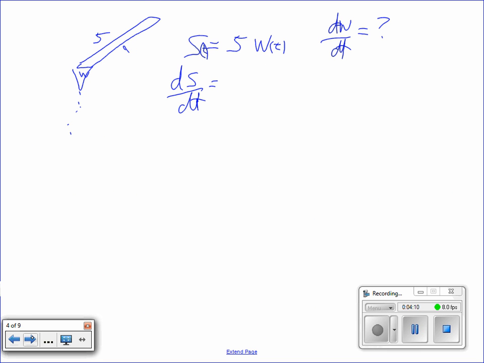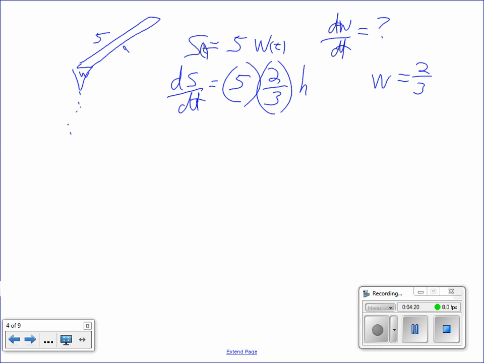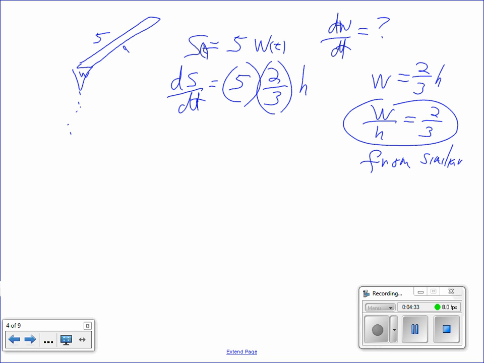Let's go back here and say, okay, S is 5 times 2/3 h. Why? Because W is equal to 2/3 h. And where did that come from? The width to the height does not change. This is from similar triangles.